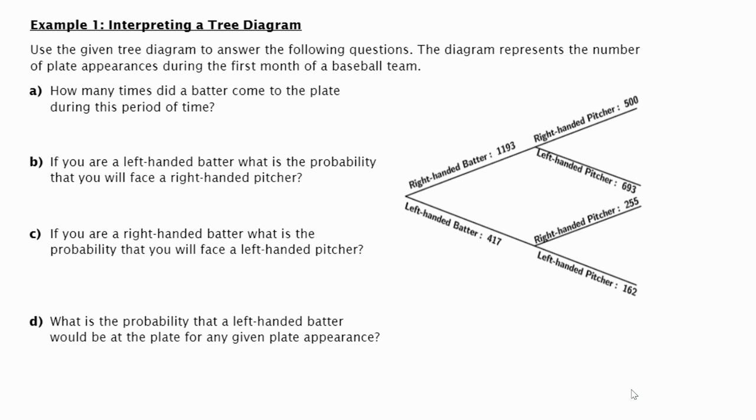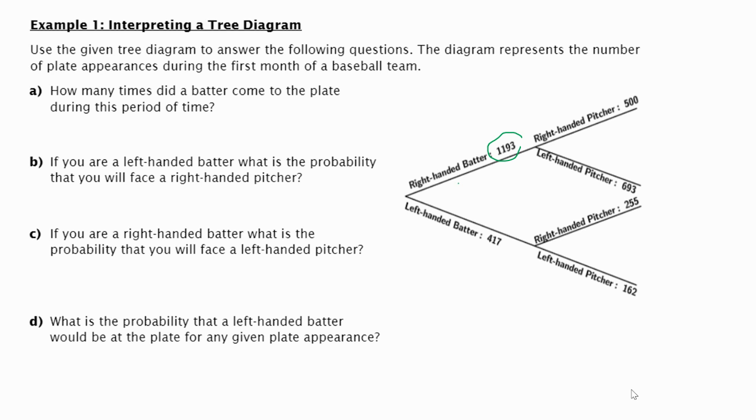All right. In example one, we're just going to be interpreting a tree diagram. So this is talking about baseball and comparing right-handed batters to left-handed batters. And given these batters, did they have to bat against a right-handed pitcher or a left-handed pitcher? When we look at this, just to break it down, for example, right-handed batters.